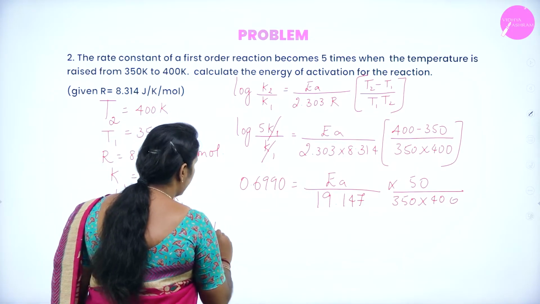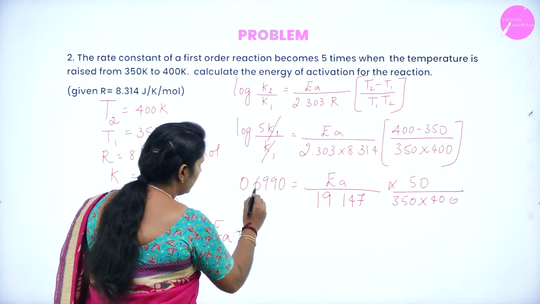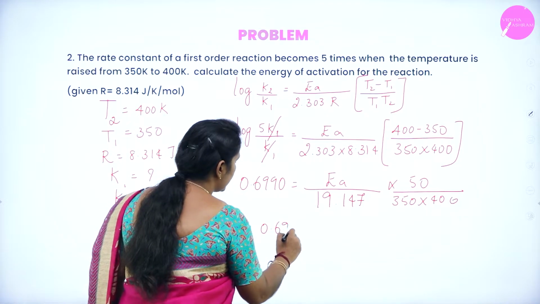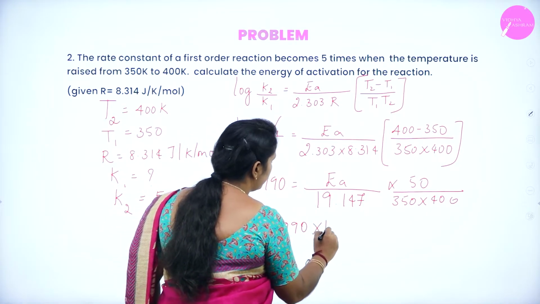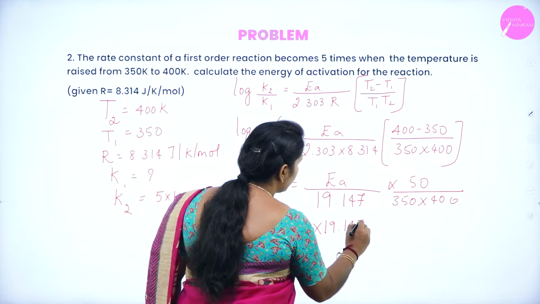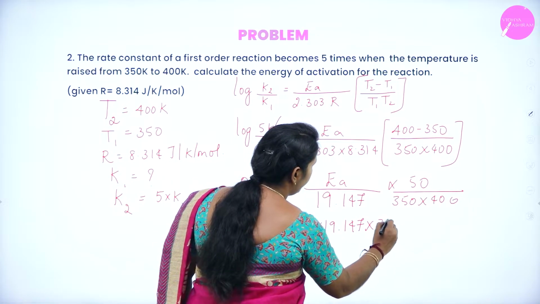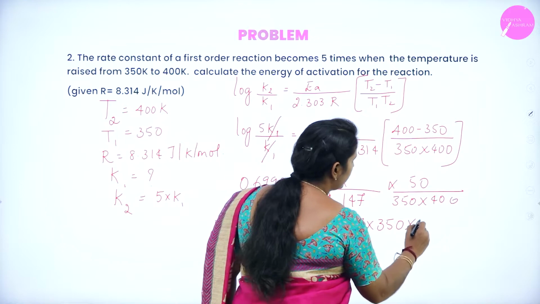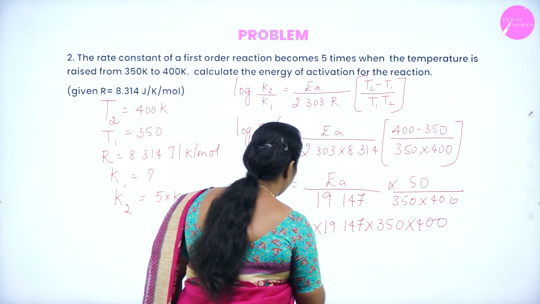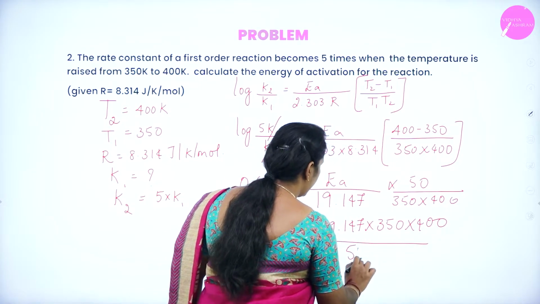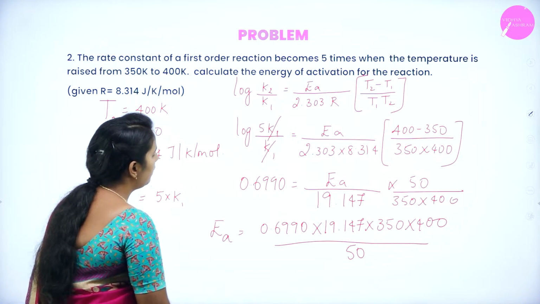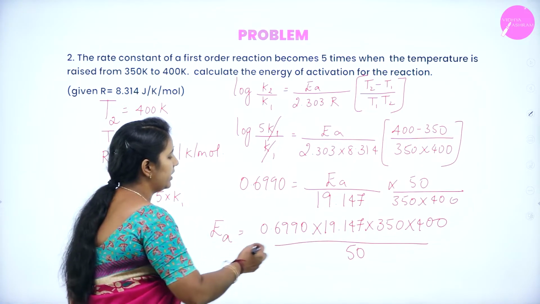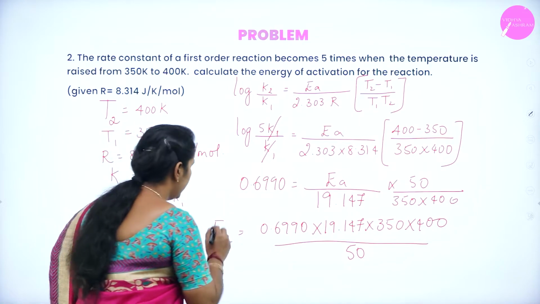I'll take out the EA outside: 0.6990 into 19.147 into 350 into 400 divided by 50.